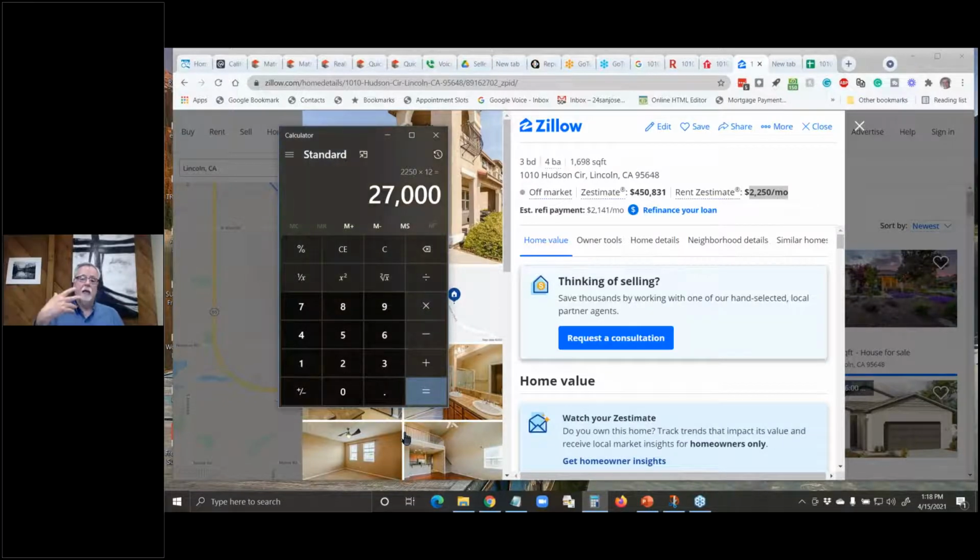And let's say I've looked at what capitalization rates investors are expecting to get in Lincoln, and we take the income and divide by the rate, let's say it's 5%, that's $540,000. That's pretty good if they got a 5% cap rate.